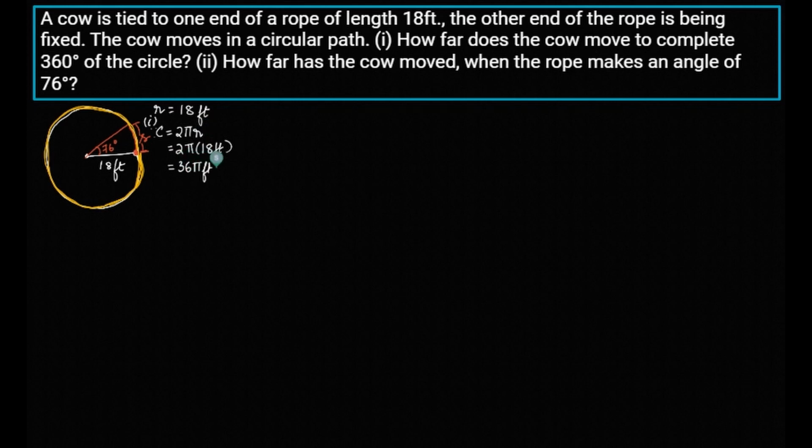So when you substitute the value of pi to be approximately equal to 22 divided by 7, we get the value of circumference to be 36 into 22 by 7, which is equal to 113.1429 feet.